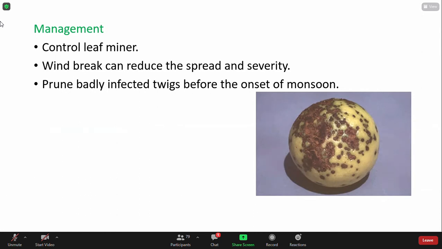So the force or the chance of infestation is reduced. You have to refer more on this, right? Have to prune badly infected twigs before the onset of monsoon. This is practiced in almost all the disease management to remove the inoculum from the cultivation.